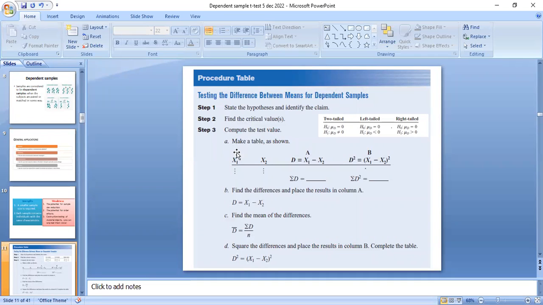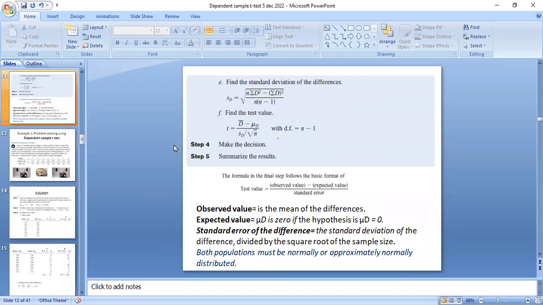For computing the test value, we need further procedures. We arrange all the data in the first column and name it first reading, or x1. In the second column, we arrange all the data conducted the second time and denote it by x2. In the next step, we find the differences between x1 and x2. Then we take the square of the differences, and then we find the standard deviation of the differences.